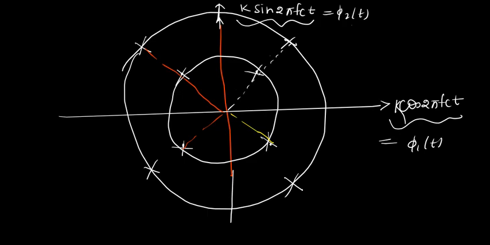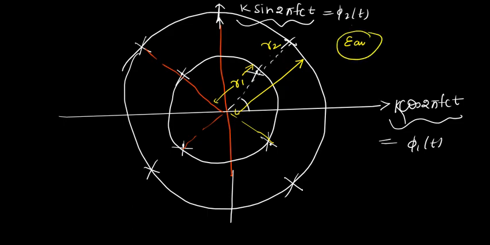Okay. Now, this is R1, this is R2. What is the average energy of this scheme?